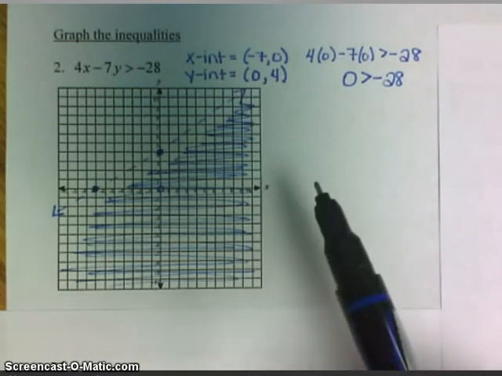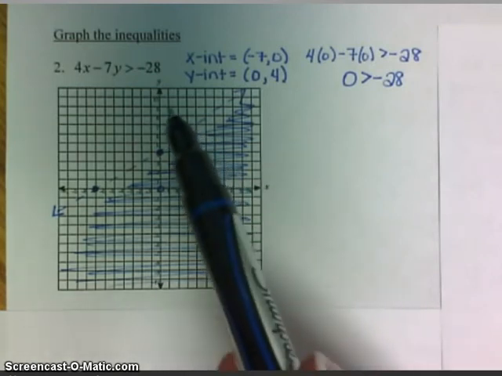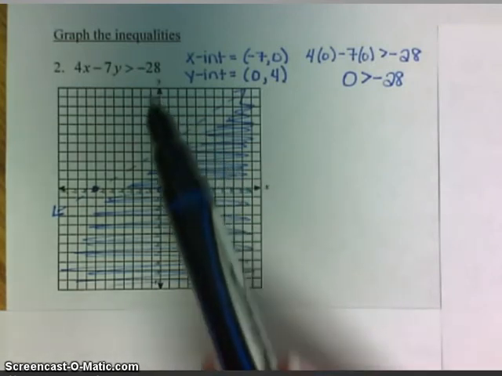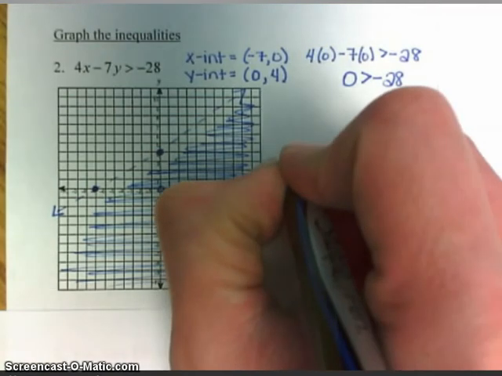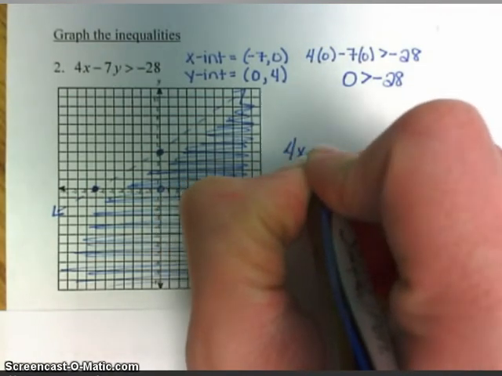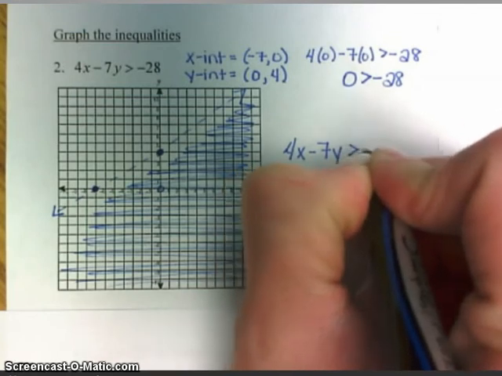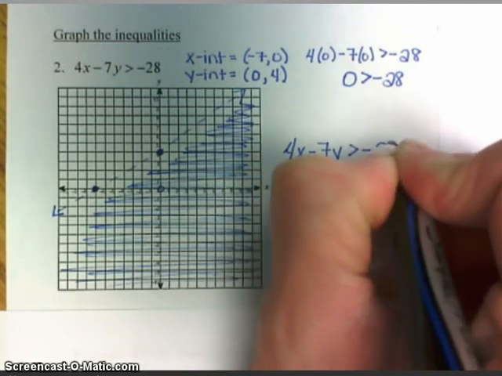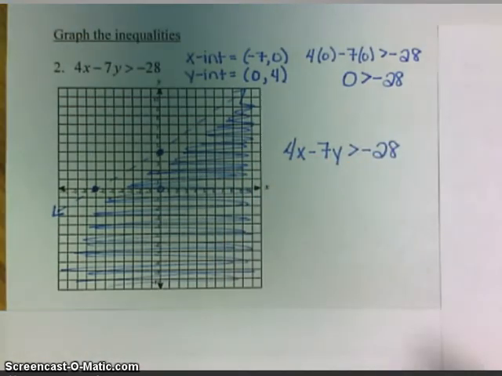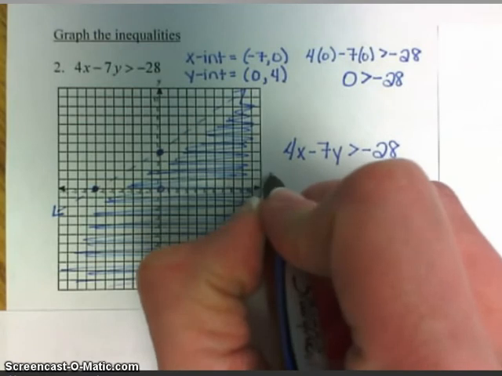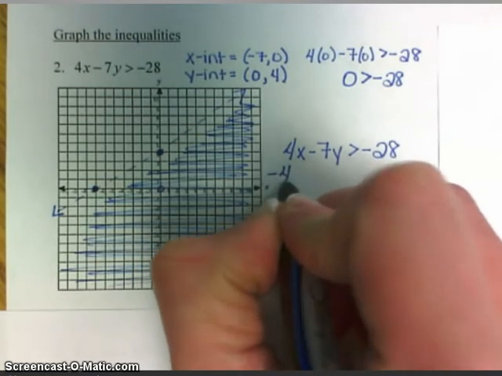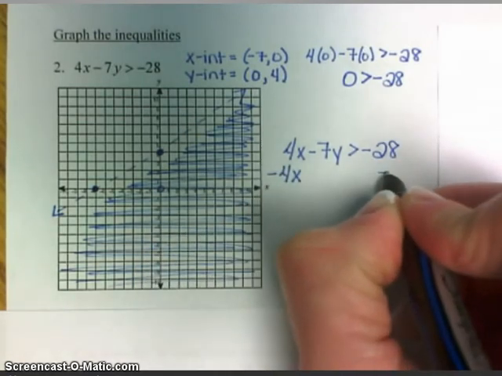Now another way that you can solve this or graph this, and some of you choose to do this, is to take your inequality and solve for y. Well, the first thing we're going to have to do to solve this for y is we need to move the x. This is a positive 4x, so I'm going to subtract 4x from both sides.